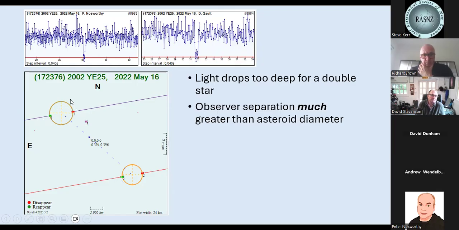That represents about the normal asteroid diameter. Can you fit a single asteroid body between those two things, which is anywhere vaguely compatible with the known diameter of the asteroid? So, almost certainly an asteroid. The light drops to the right depth. The physical separation was a key issue there.